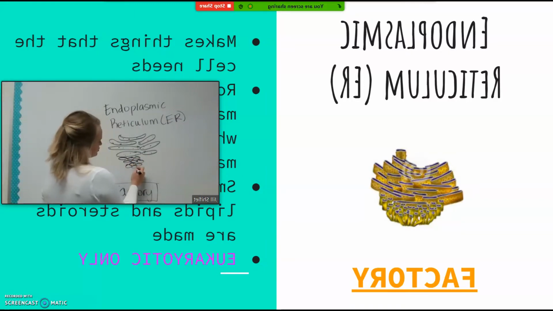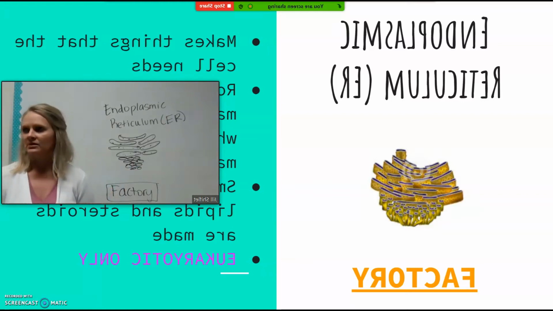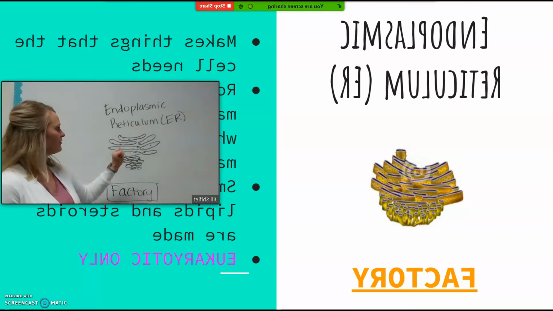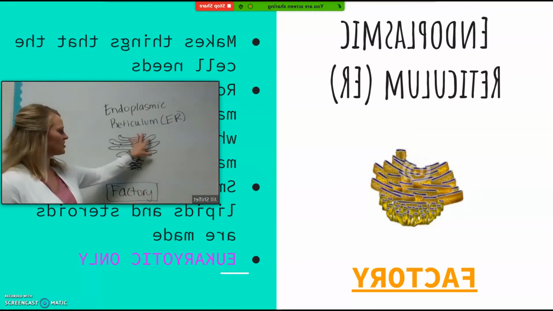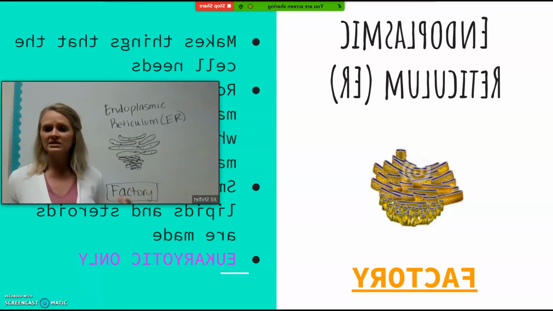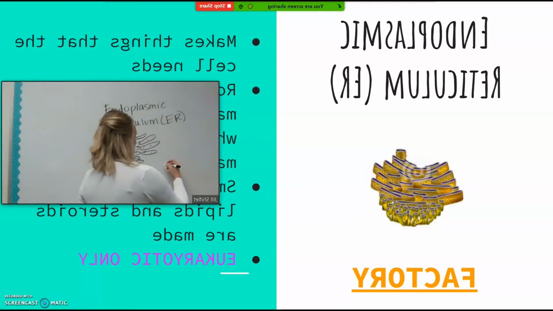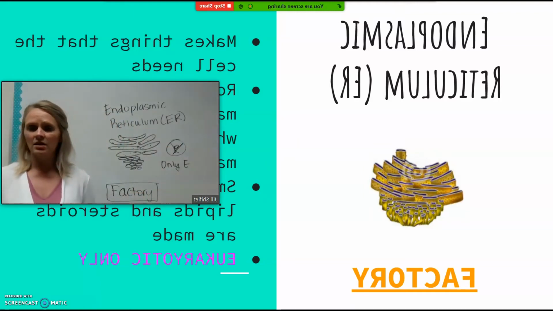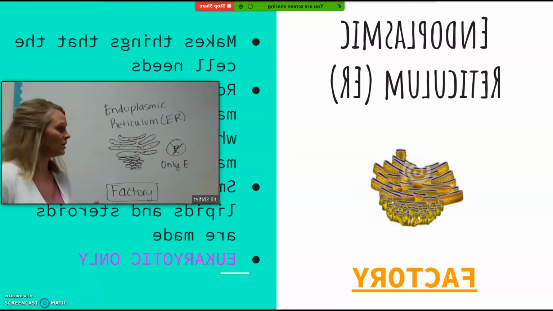It has a nice smooth appearance, and it makes lipids. It makes fats. So you have your rough ER, you have your smooth ER. The top part makes protein. The bottom part makes lipids. But this is like the factory. It produces stuff. This is only in eukaryotic cells. Prokaryotic cells do not have this. No ER in our prokaryotic cells. Only our eukaryotic.